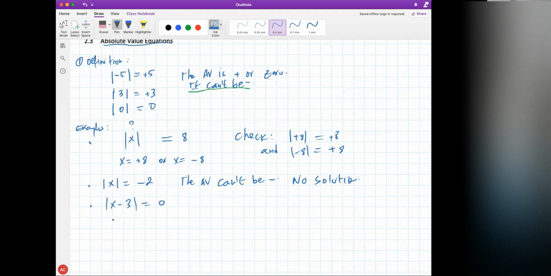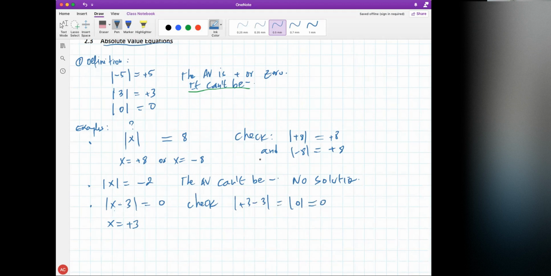Because the expression equals 0, so we can have the opposite of -3, which is positive 3. And if you check it, that's right. If you plug positive 3 here, you'll get positive 3 minus 3, which is 0. As we said, the absolute value of 0 is 0. So we have exactly one solution.